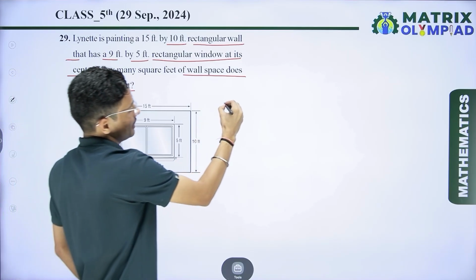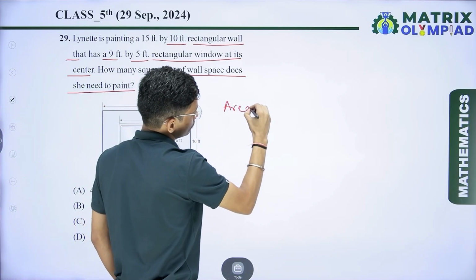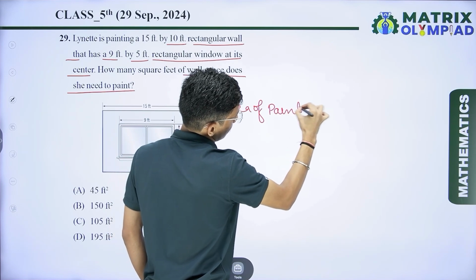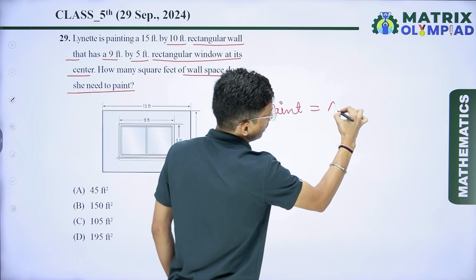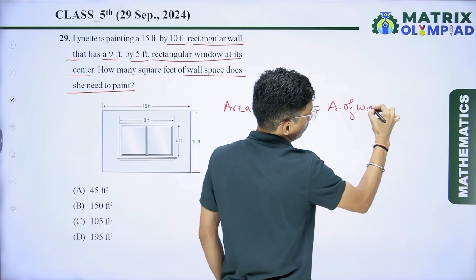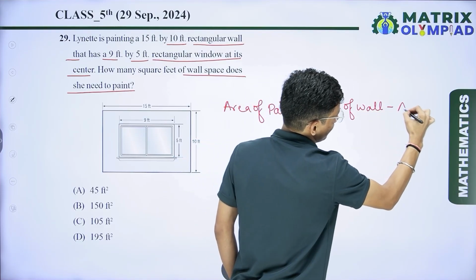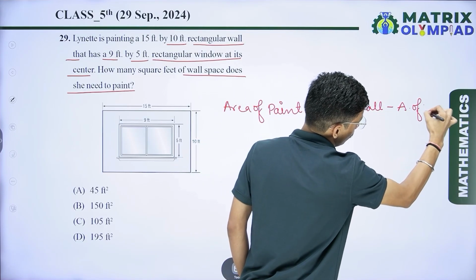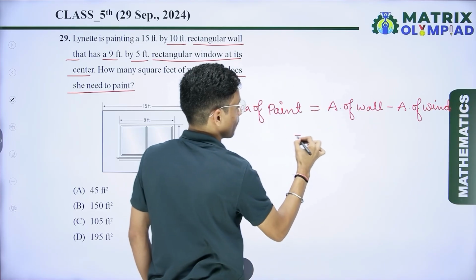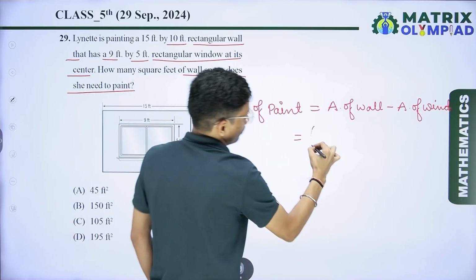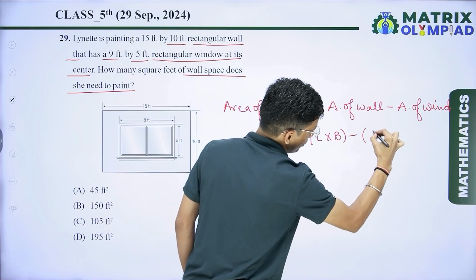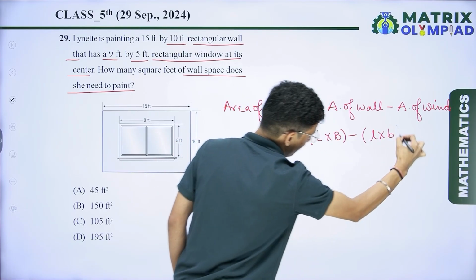So we can say that area to paint is equal to area of wall minus area of window. So now area of wall is equal to length multiply breadth minus area of window is also length multiply breadth.